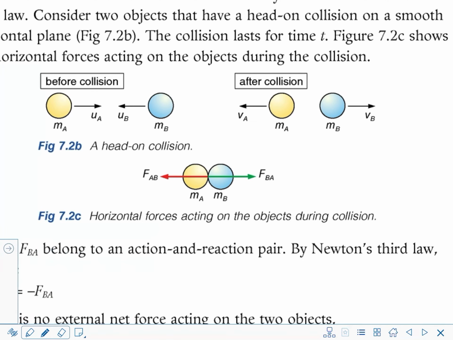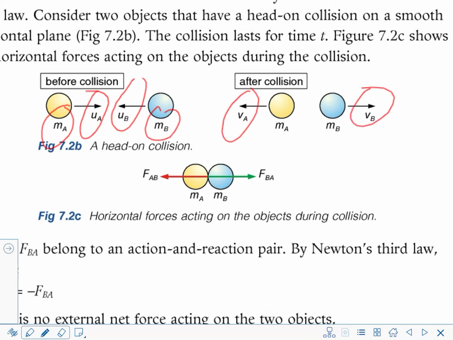Before collision here, you see ball A, mass MA, moves with UA, and ball B, mass MB, moves with UB. After the collision, we get VA and VB.